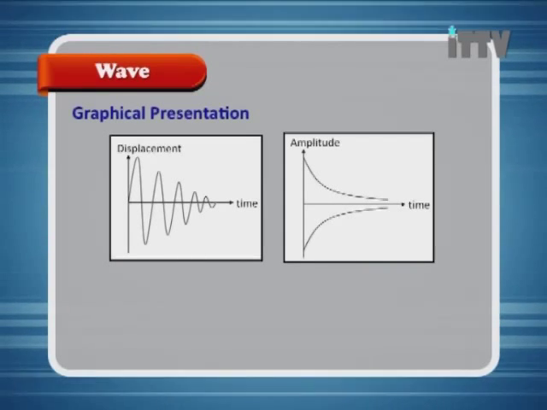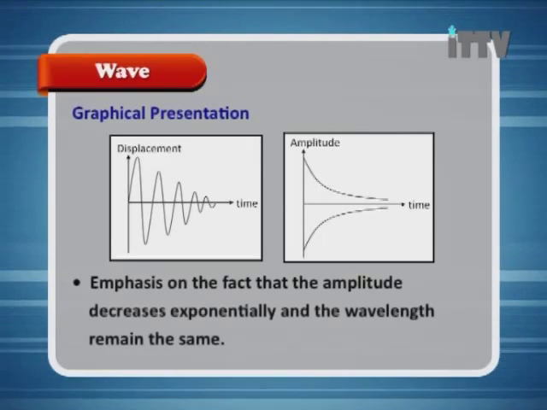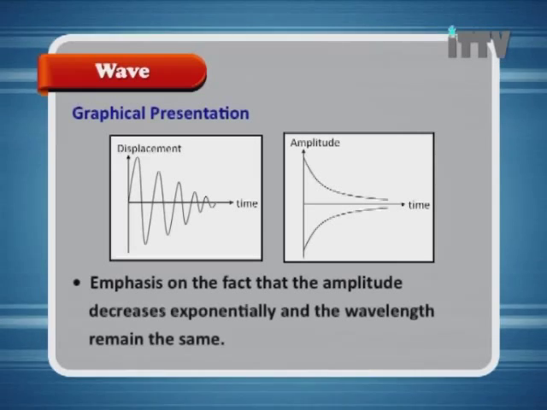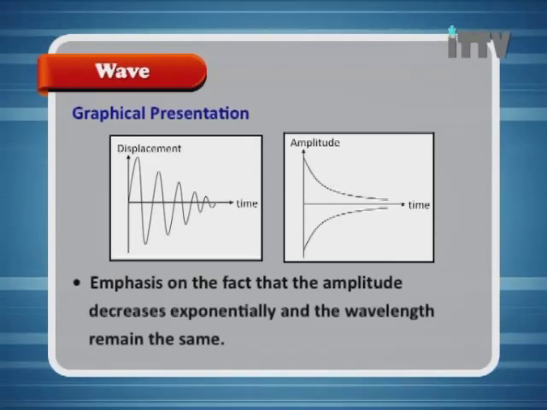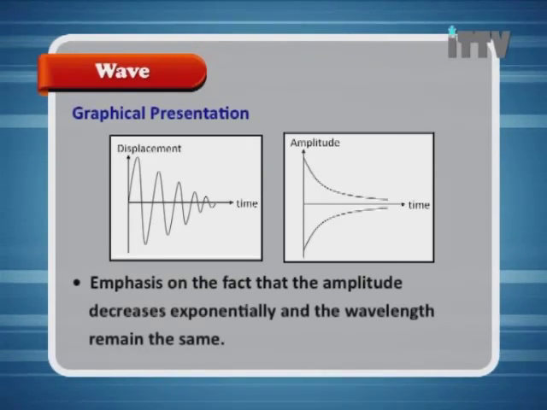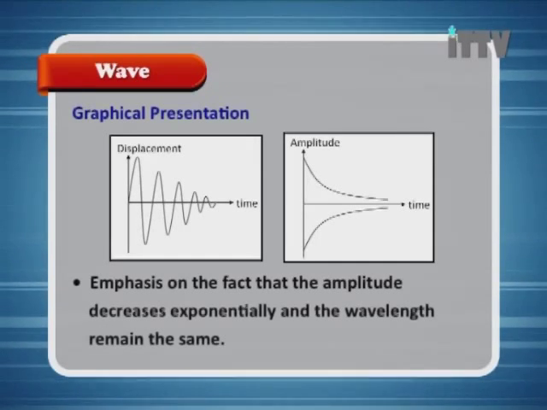A graphical presentation. Emphasis on the fact that the amplitude decreases exponentially and the wavelength remains the same. So if you look at the two graphs, you can clearly see the amplitude is decreasing with time, but the wavelength is unchanged.